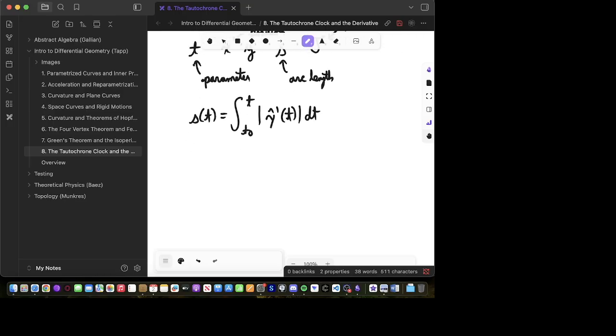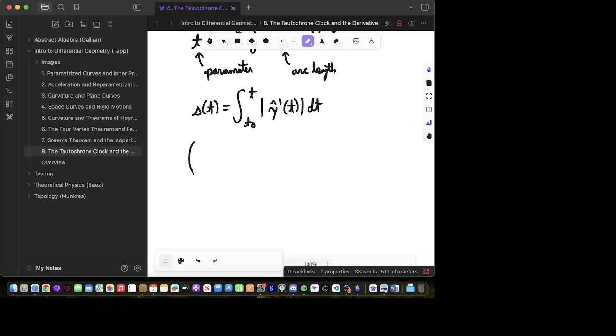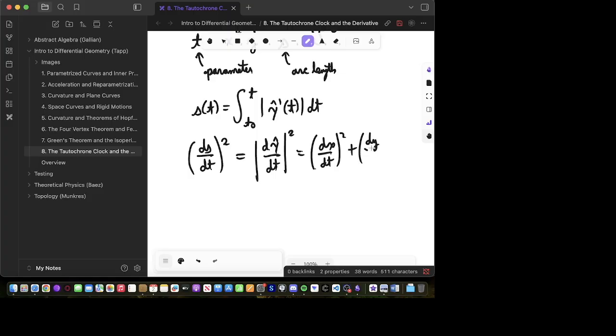So first, if we take a look at the derivative of the arc length squared, that is equal to the norm of the derivative of the curve squared, and that is going to be equal to dx over dt squared plus dy over dt squared.